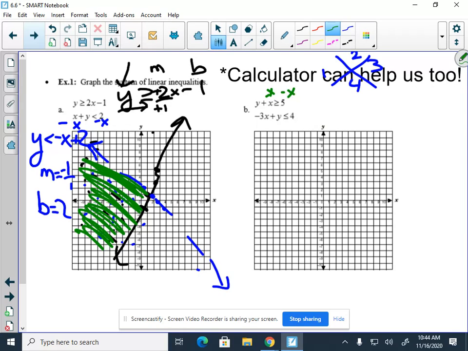Subtract x, you should be able to get y by itself. Take the other equation and get y by itself right now. So you have to do one step to get that one by itself.